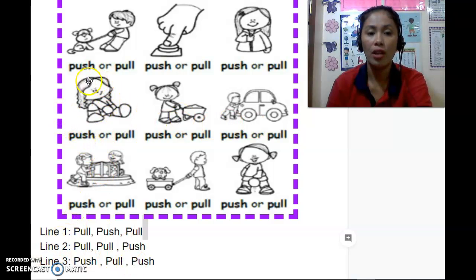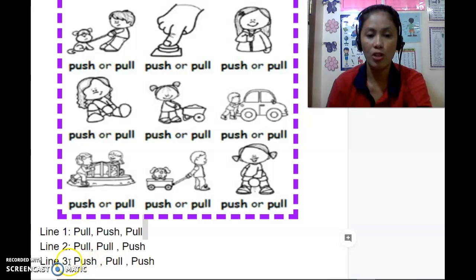Line 2, the girl is pulling her socks. Pull, pull. How about this one? Pull, pull. How about this boy? Push, push. Very good.